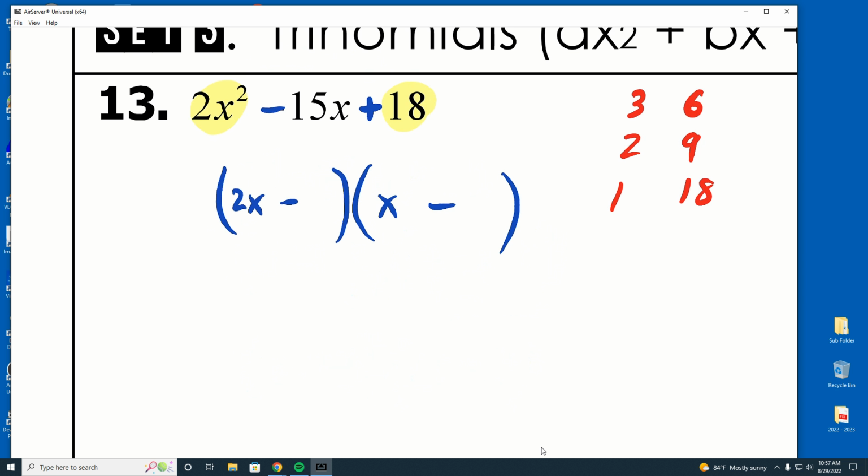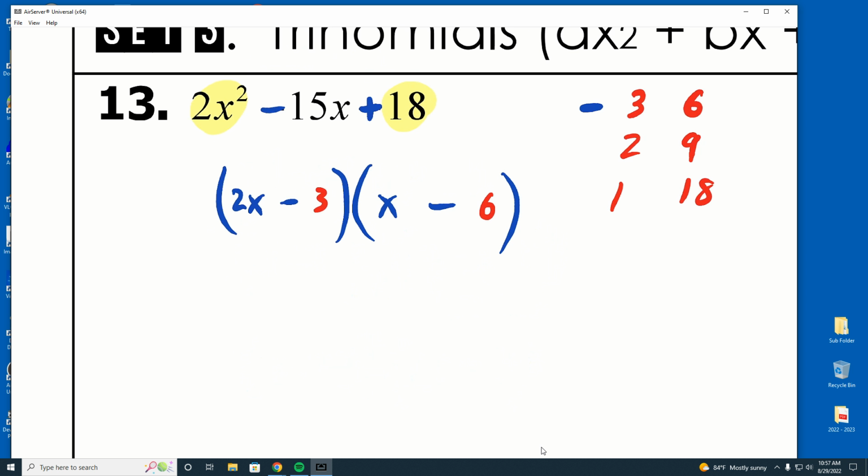Now there's a couple of cool rules that you can live by, and that is, since there was no GCF at the beginning, there can't be a GCF along the way. So what would I not be allowed to put in with the 2x, for example? If I'm trying 3 and 6, what can I not put in there with the 2? I can't put the 6 in there. So I might try the 3 in there, and I might try the 6 over here.